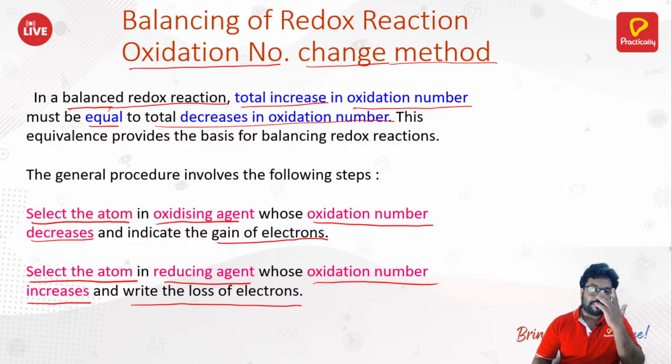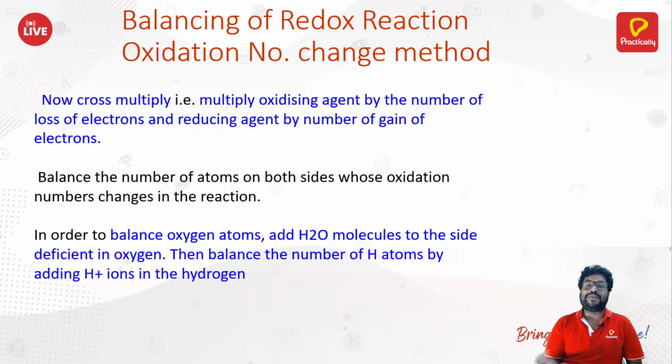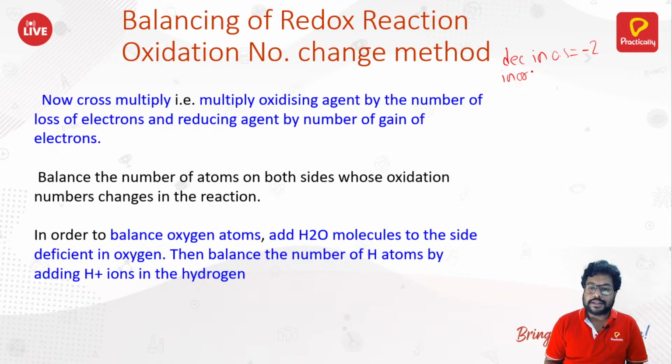Now what is the next step? Whatever electrons you have lost and whatever electrons you have gained, this should be made equal by doing mathematical procedures. What are those mathematical procedures? Let's see. Cross multiply. That means suppose the decrease in OS is -2 and the increase in OS is +3, then to make this equal, what do you need to do?